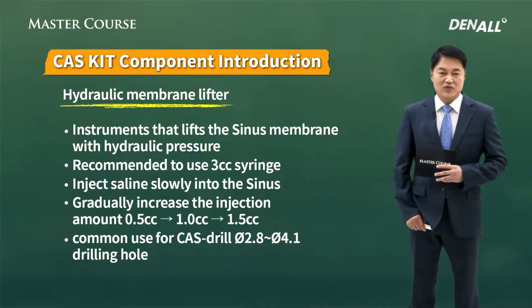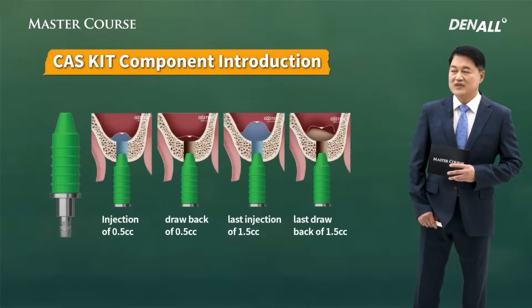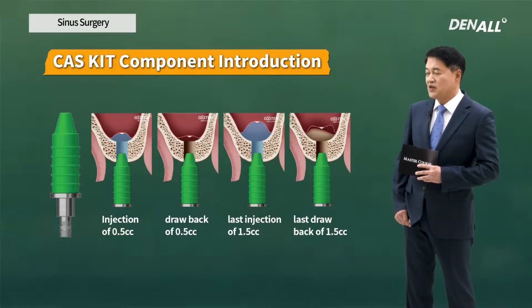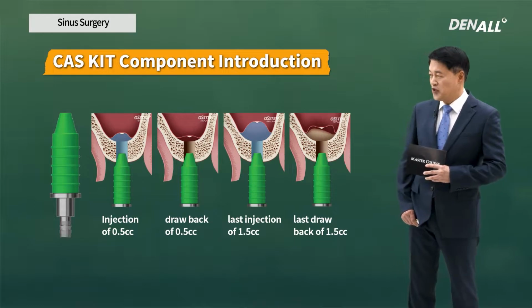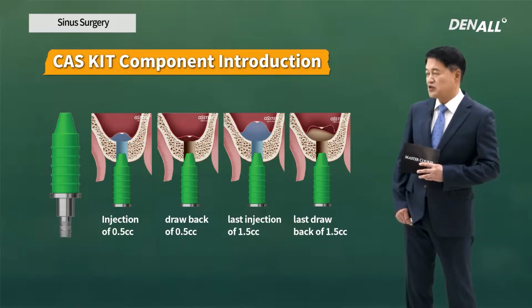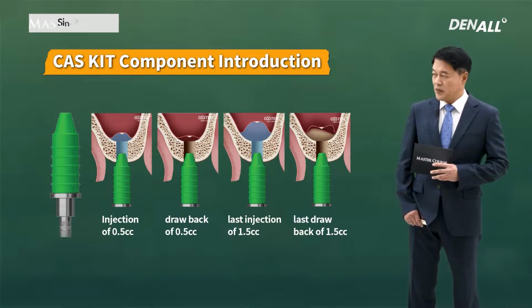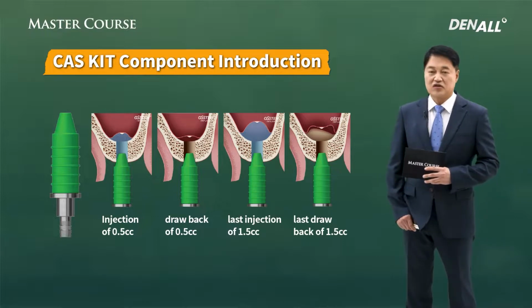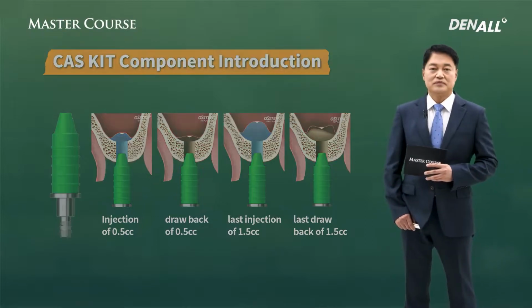It can be used for all CAS drill holes. As you can see, the lifter is fixed, and you put in 0.5 and remove it, and finally you put in 1.5 cc and draw back, and by doing this you do hydro lift. It's not too strong or too gentle, and you lift using the hydraulic pressure.